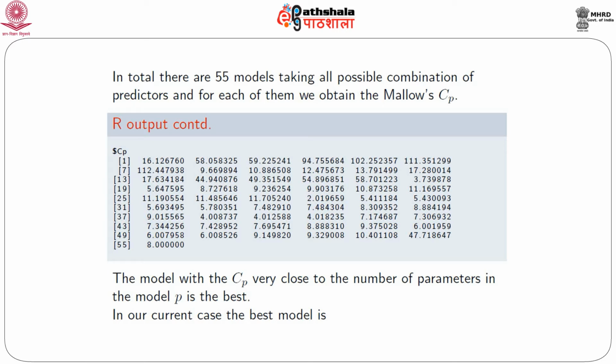And for each of them we obtain the Mallows CP. As we have mentioned before, the model with the CP very close to the number of parameters in the model, P, is the best model. In our current case, the best model is given by the model that has CP very close to 6.